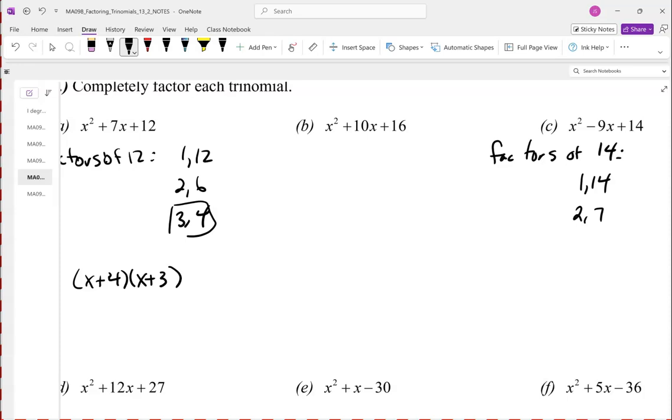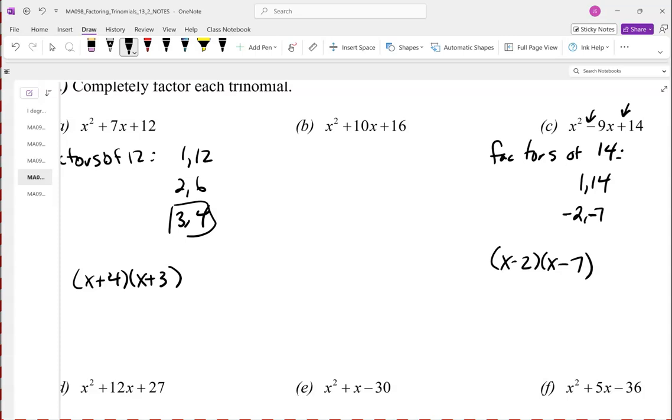So I want negative 2 and negative 7, right? Because again, this means they're both the same sign. This means they both have to be negative. So how is this going to factor now? Good. So far, so good?